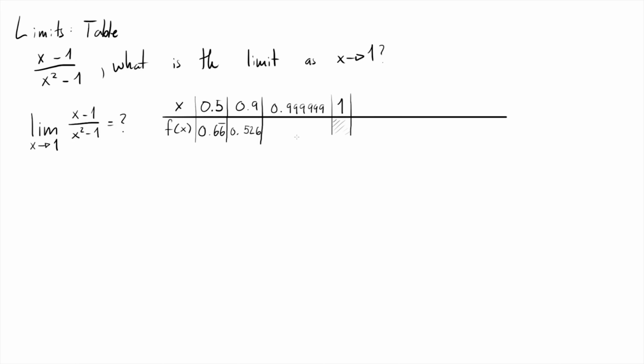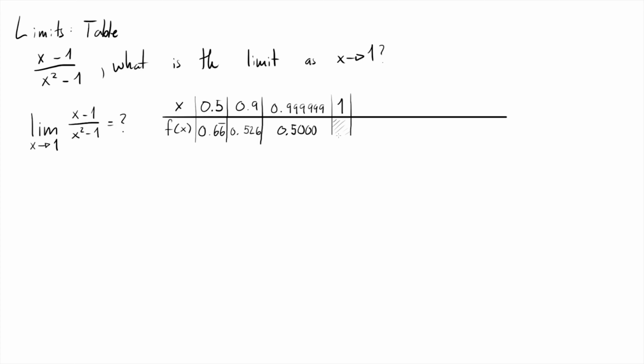So we ask ourselves, what do we get here? We see that we get 0.5000. Again, we can go to 3 or 4 decimals, but the point is that we get 0.5000, and there are probably some other numbers later on down the line, but we're getting close to 0.5 here.